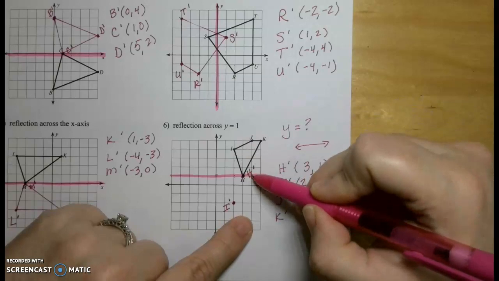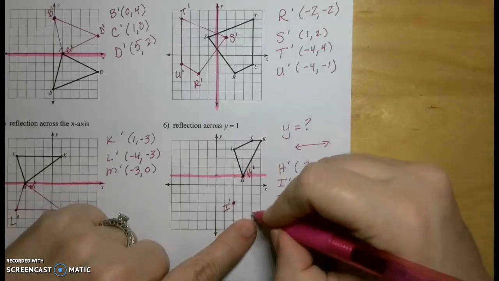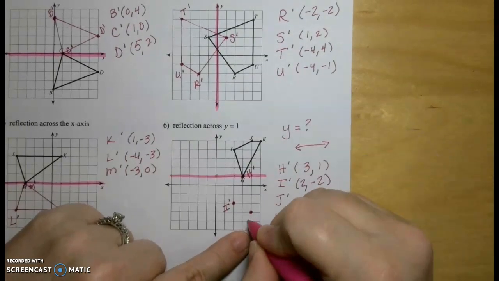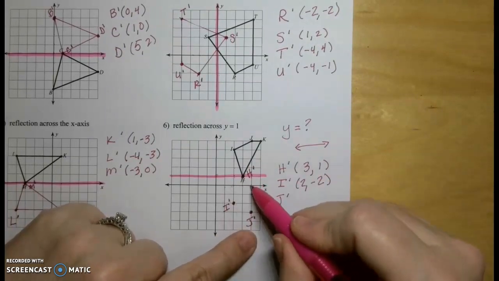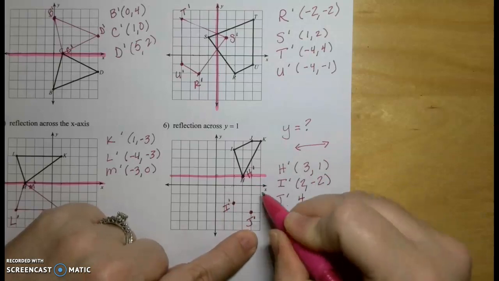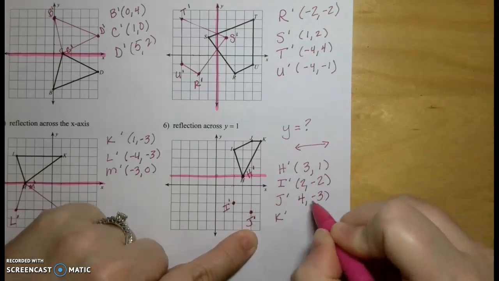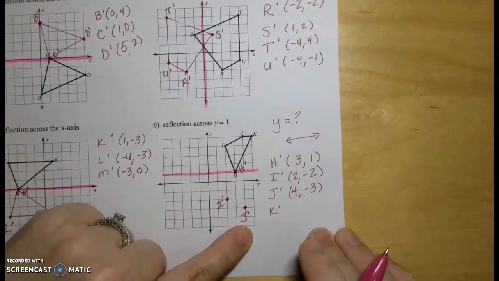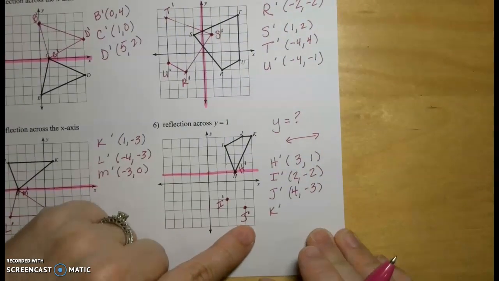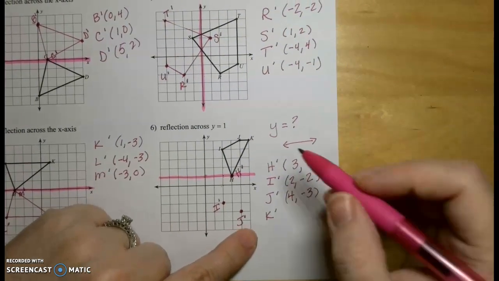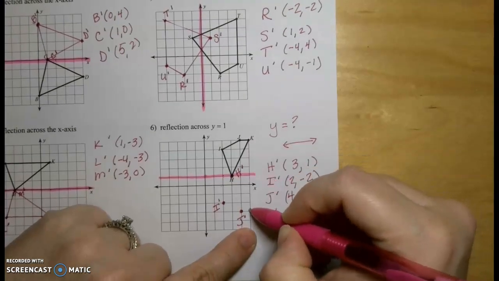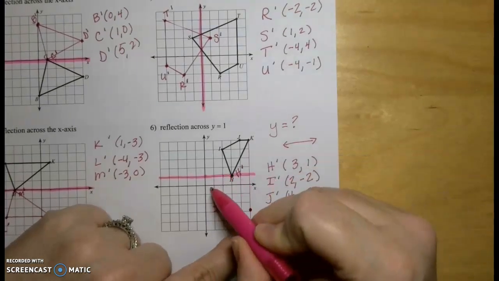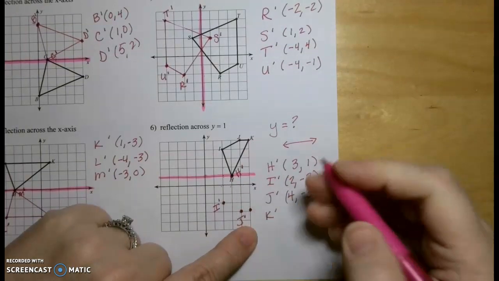The reflection is going to be 1, 2, 3, 4 units below. So there's J prime, and that's the point 1, 2, 3, 4, (-3). Again, make sure you're putting all your coordinates in parentheses, otherwise you are not giving me a point. And then K is also 4 units above, so 4 units below would be down here, and that's the point 1, 2, 3, 4, 5, (-3).